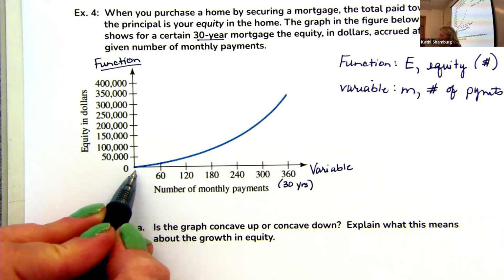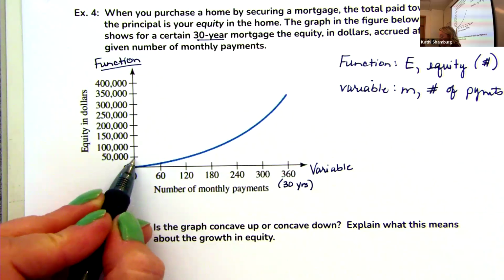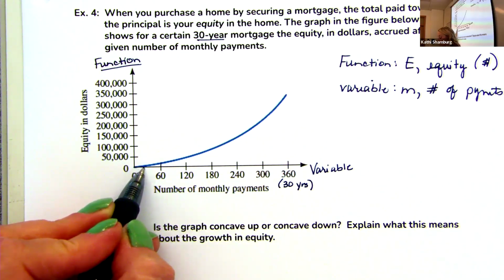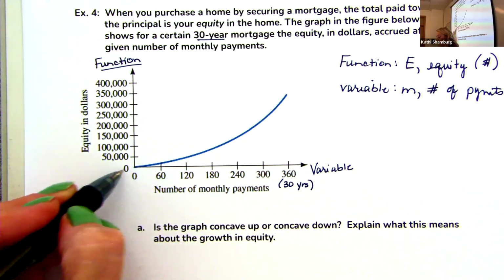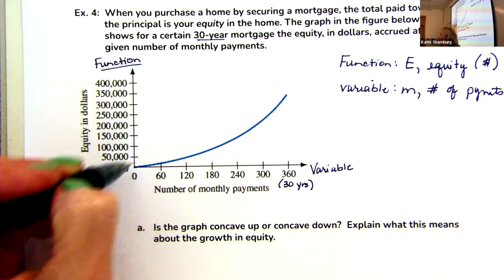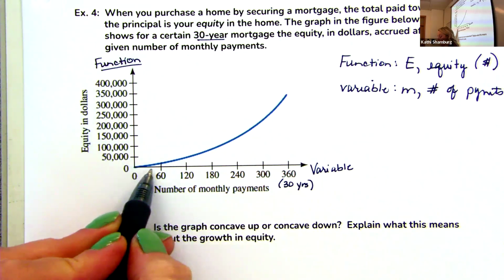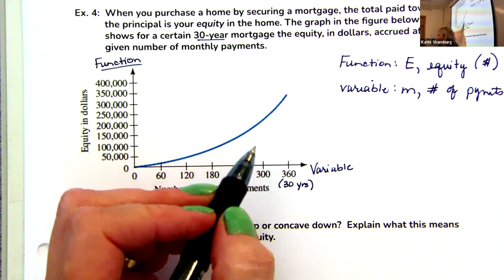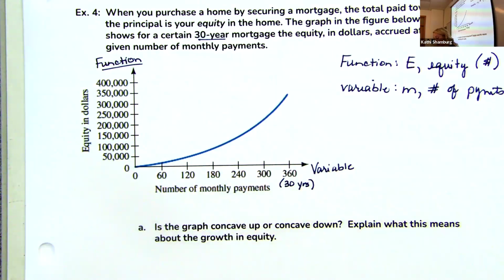If I had, say, put $50,000 down, then my graph would have started there, because that's how much I put down, but it's right in the corner. So for every month that I make a payment, my equity, or the amount towards the principal, is going to grow and grow and grow because I'm paying my home off. Okay, so that's how we read this graph.